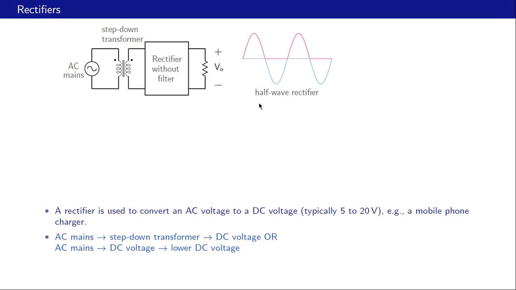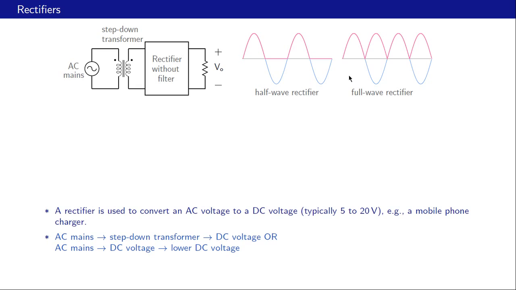And it should be clear why this circuit is called a half wave rectifier. In half of the period, the first half here, VO is non-zero, and in the second half, VO is 0. So that is why half wave rectifier.